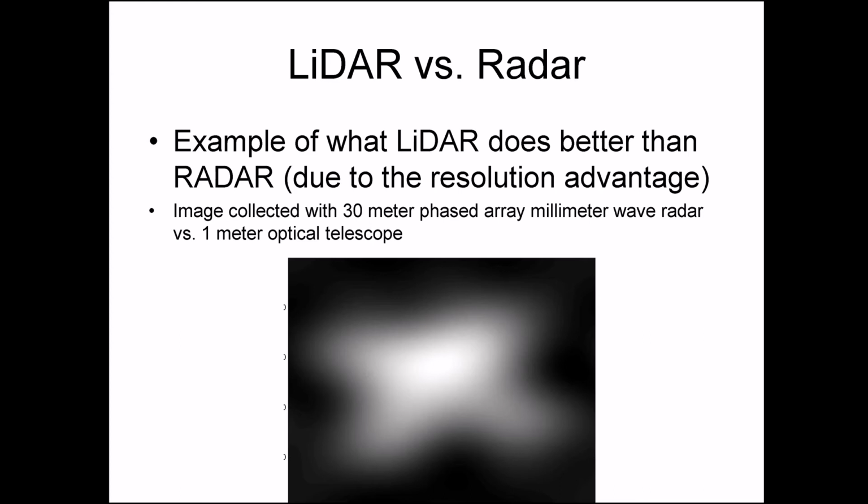It's already a very large array, effectively a phased array of antennas spread out over a 30-meter by 30-meter area. And what you see is, although you can tell there's something there, and it has a little bit of a shape, it still looks like a fuzzy blob, for lack of a better word.